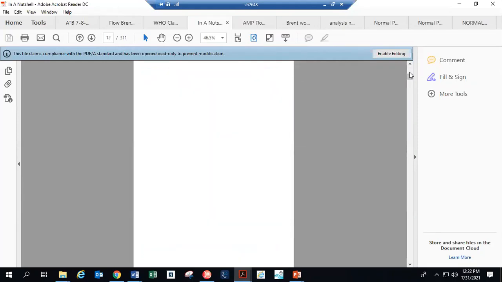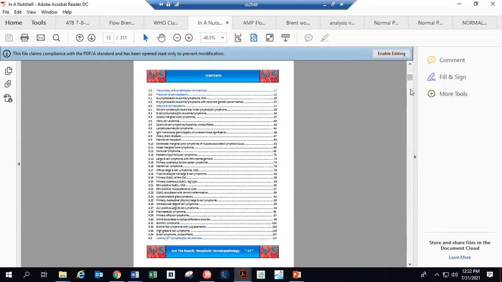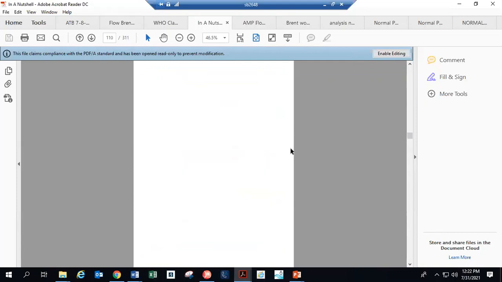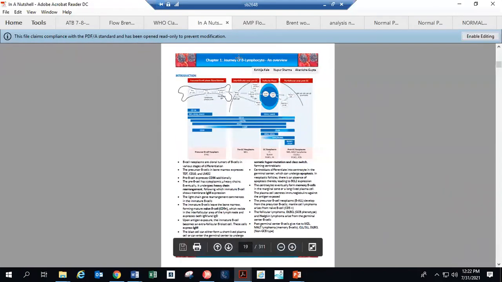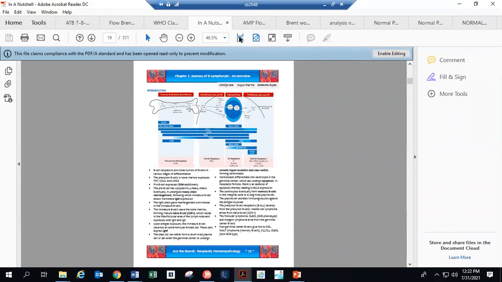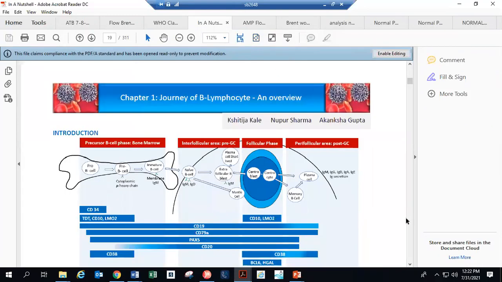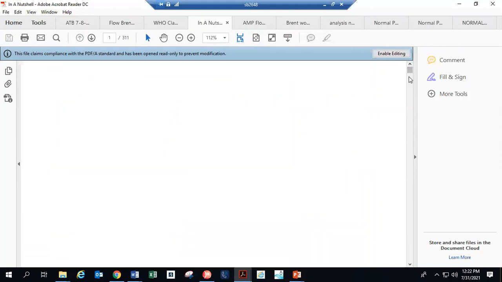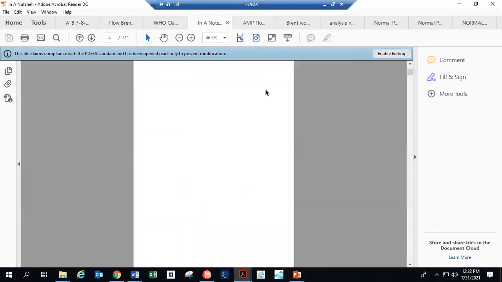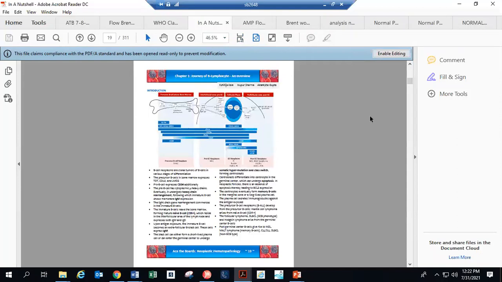Okay, so let me dive into T here. T cell journey, the B cell journey of T cells. Okay, so this is something that we didn't. Oh, that's B again. Just give me a second.